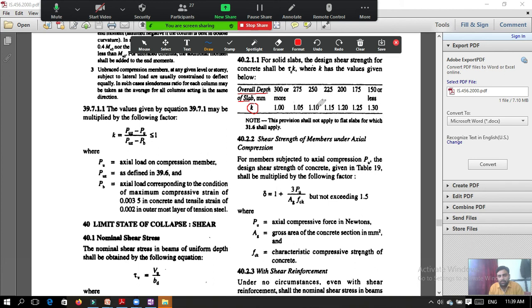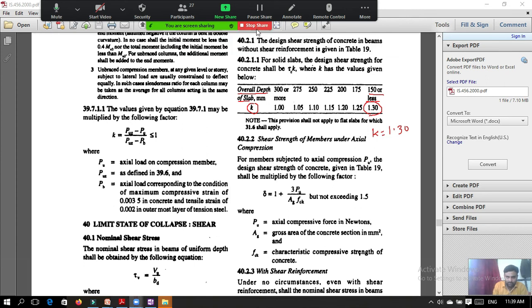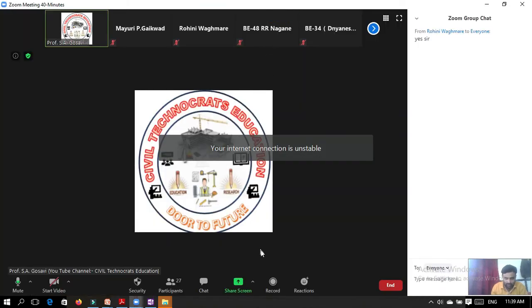So here what they have said, if the depth is 150 or less, this is important, if the depth is 150 or less, what is the value of k? The value of k works out to be 1.50. This is the value of k from this clause. So that value is used in our further calculation.